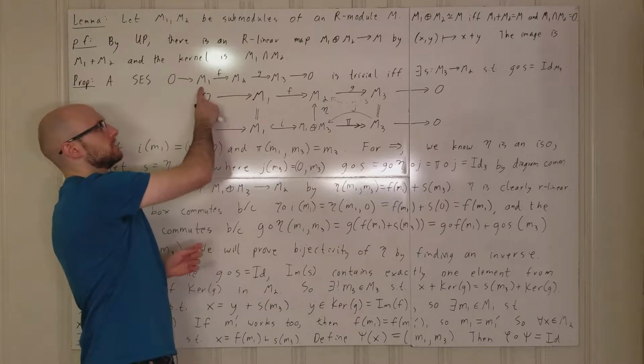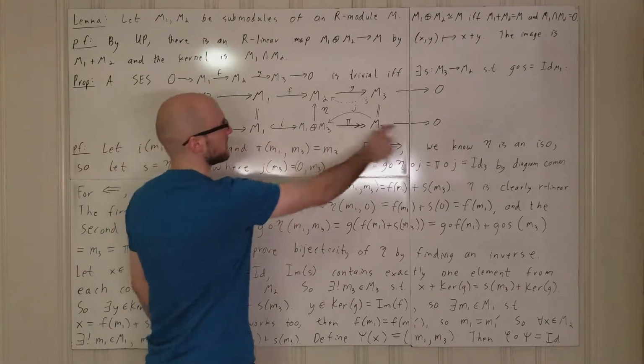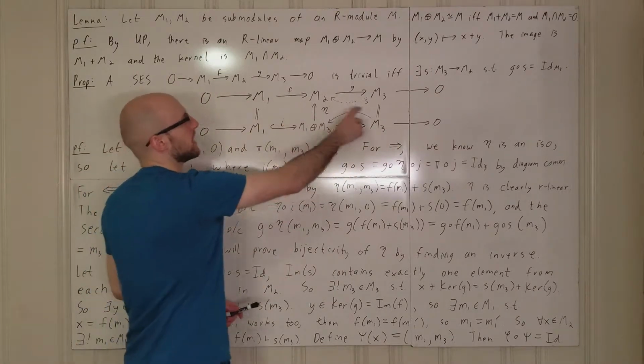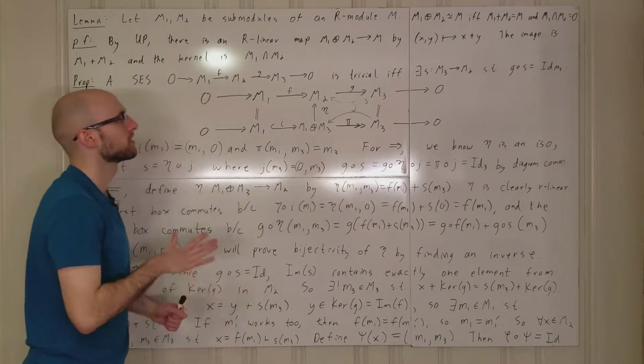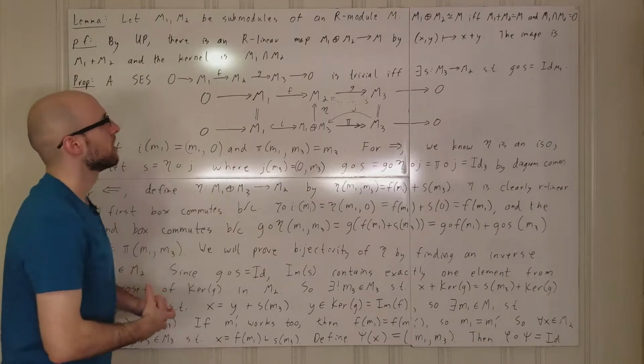M2 is this direct sum, and then if we put this down here, then this whole diagram commutes, i.e. this box commutes and this box commutes. That's what it means to be a trivial short exact sequence.